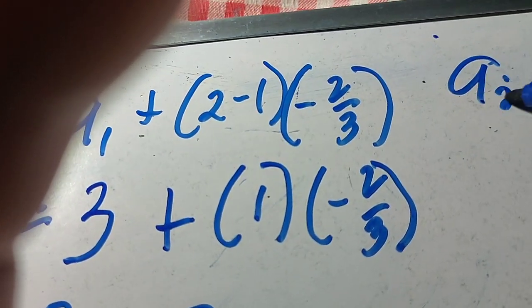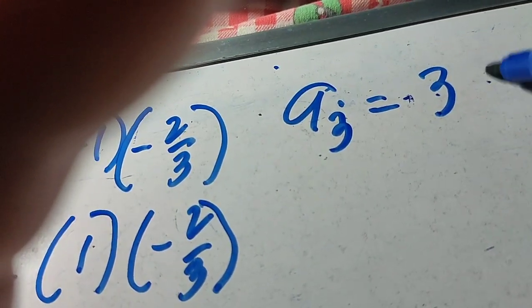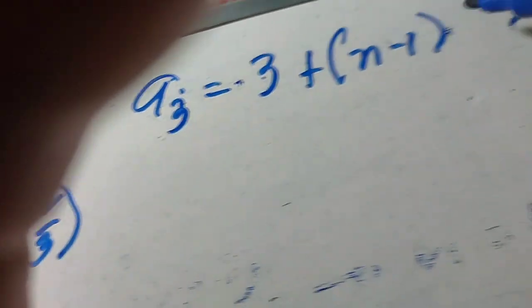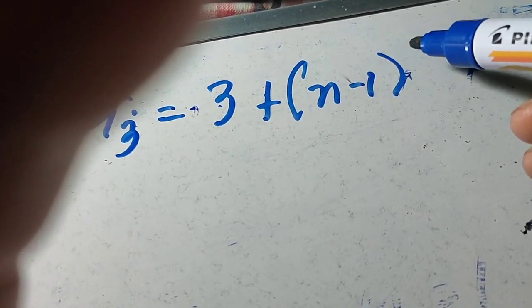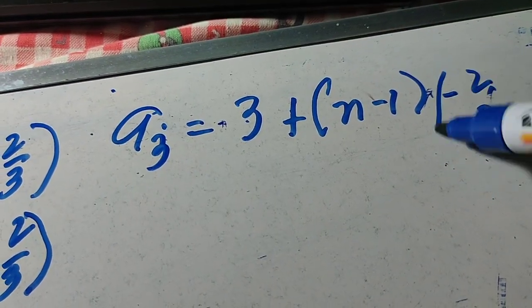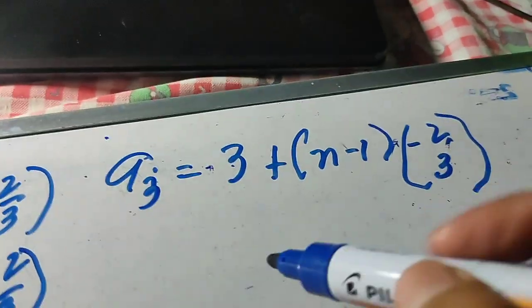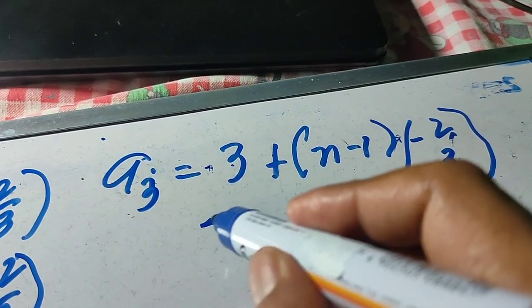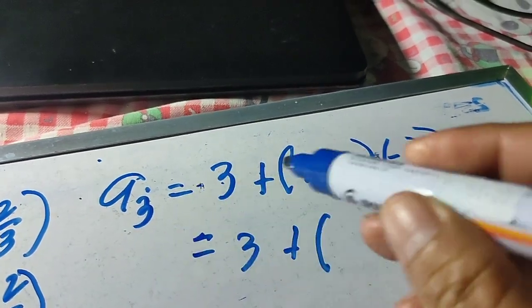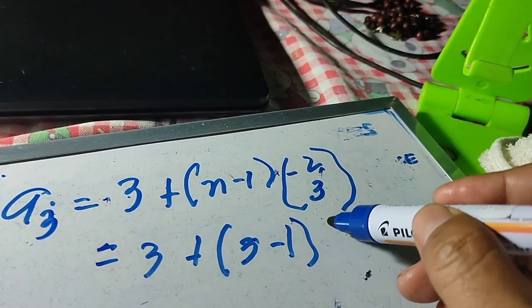Okay. So the next term is a sub 3 that we are going to look for. A sub 3. So our a sub 1 is 3 plus n minus 1 times the difference of negative 2/3. Now, by substituting the value of our n, 3 plus, our n is 3, we have 3 minus 1 times negative 2/3.